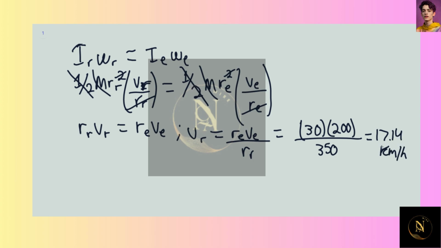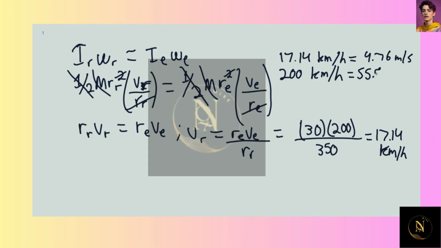Now, this is not in meters per second, and it would be greatly beneficial to have it in meters per second. So using any conversion, you can use a calculator, or you can do this by simple dimensional analysis. But these are actually equal to 4.76 meters per second, and then 200 kilometers per hour is going to be 55.556 meters per second.